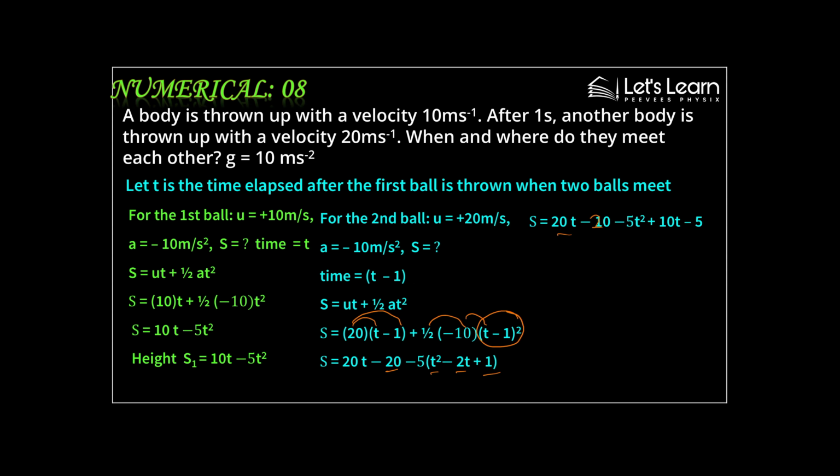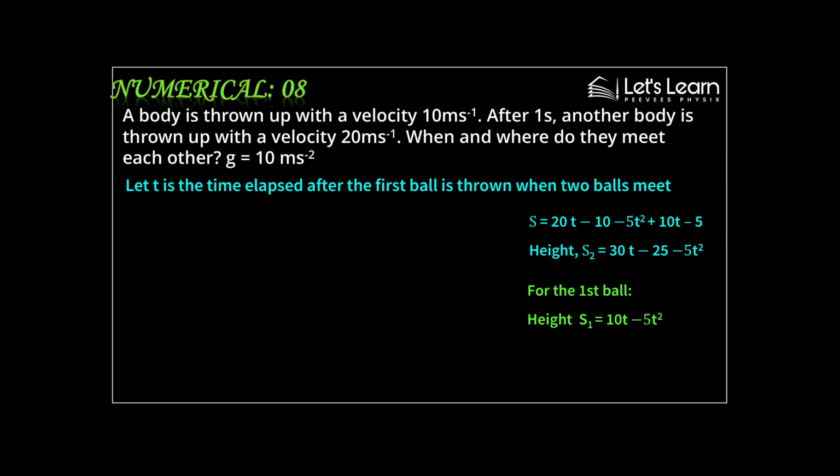Then 5t square minus 5 minus 2 becomes plus 10t, and final value minus 5. So the height traveled by the second ball is 20t, and 10t gives you 30t, and minus 20 and minus 5 gives you minus 25 and minus 5t square. We know these two heights are the same, so we can equate these two heights.